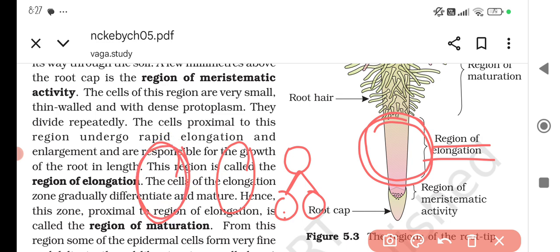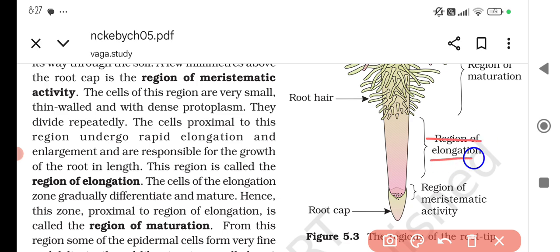That means its length or its size is going to increase, and this is the region which helps in the growth of the root. It is the region of elongation where the cell size is going to increase. The cells will be enlarged.